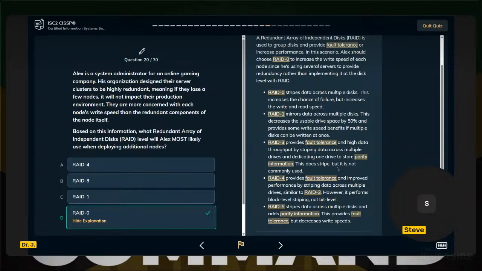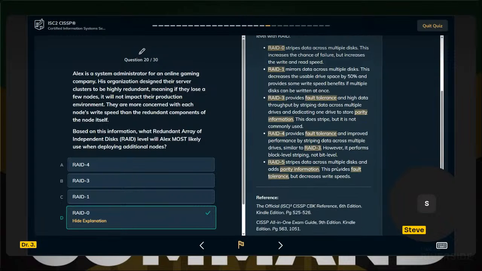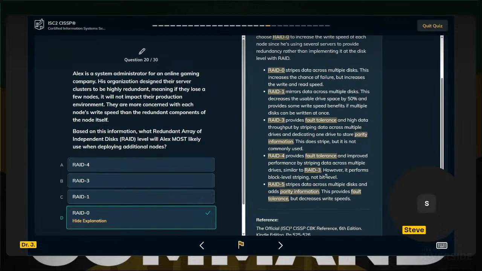Don't they use like 4 discs or something? Well, you've got 5 and 6 where you have increased speed and increased redundancy, and how they spread the parity bit. But 3 and 4 are rarely ever used, so I would never choose that. It's usually RAID 0, 1, 5, 6, or 10.